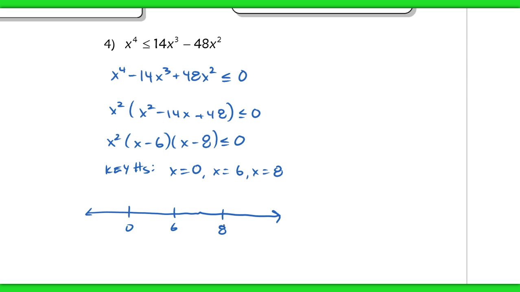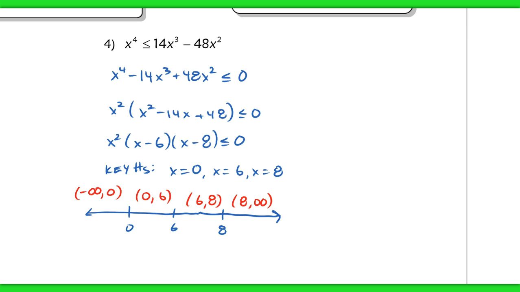And then it's actually breaking it up this time into 4 different regions, right? We have 4 different intervals here that these key numbers break our number line up into. So I'm going to label these. This is from -infinity up to 0. This is from 0 to 6, 6 to 8, and 8 to positive infinity.